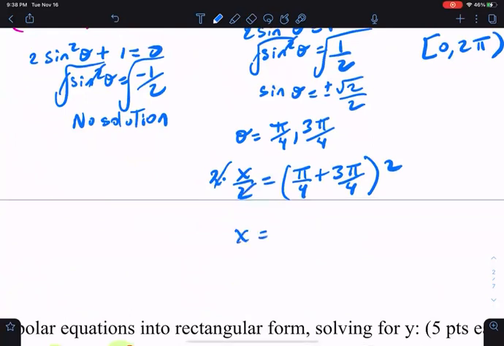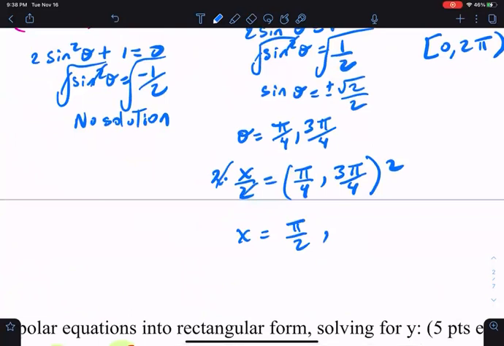You get pi over 2, comma, and then the other solution should be 3 pi over 2. And I cannot do one more, because that would be 7 pi over 2, which is greater than 2 pi. So this is the solution for this problem.